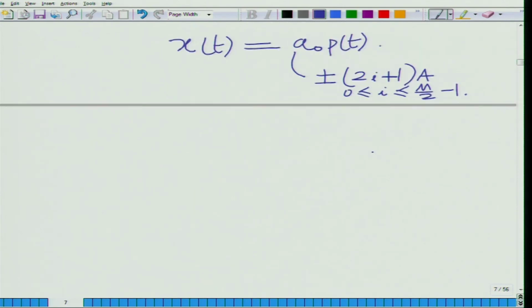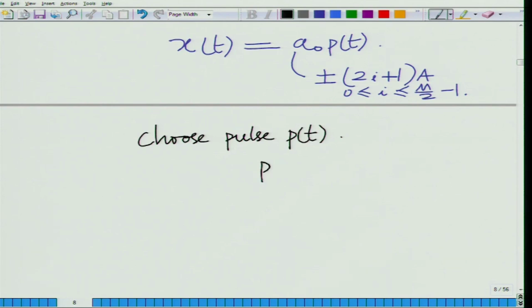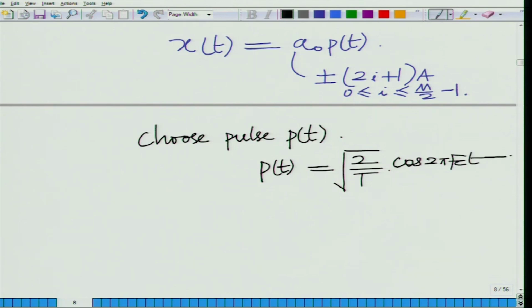Now, you can choose any pulse p(t). In particular, one can choose the pulse p(t) equal to square root of 2 over T cosine 2 pi f_c t, which we have seen several times before, where 0 less than or equal to t less than or equal to k over f_c, so that it contains an integer number of cycles.